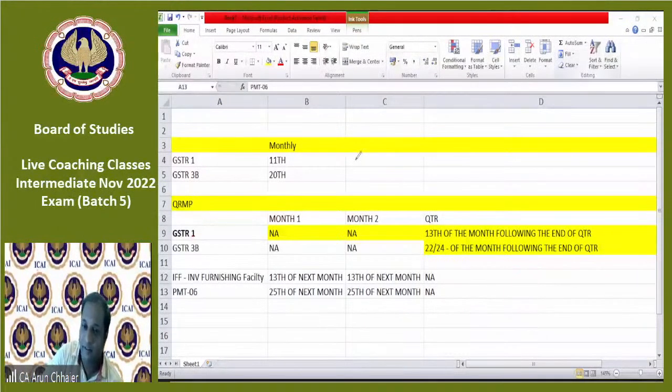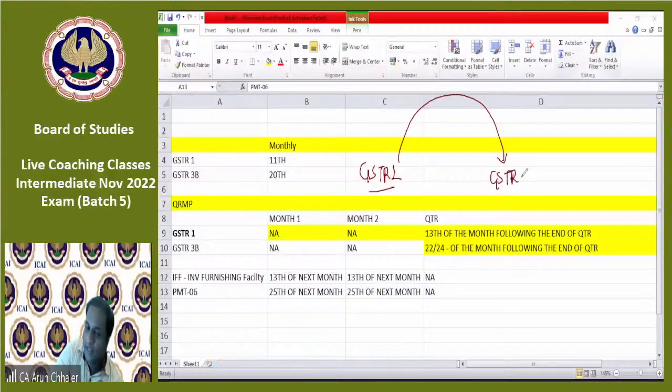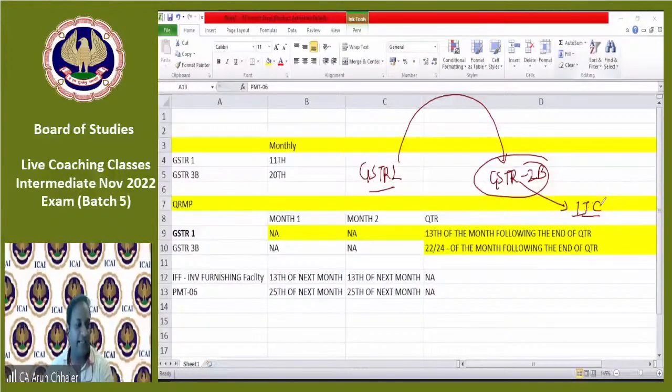If you miss any one, you will not be able to understand the flow. So the supplier files the GSTR 1, and it will appear in the customer's GSTR 2B. And what is 2B? I can say it is the document for taking the ITC. Correct.